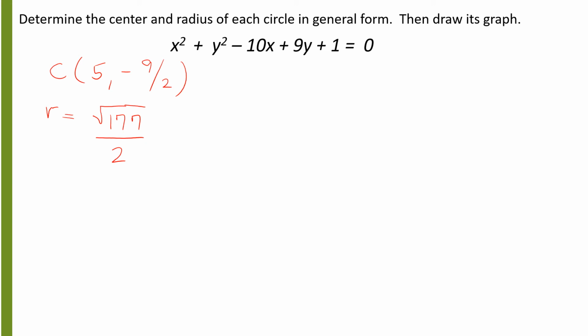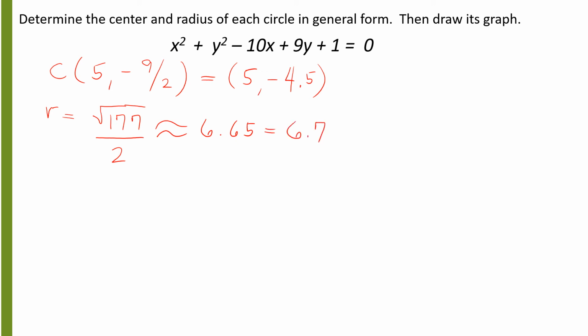When we say negative 9 over 2, negative 9 over 2 is the same as negative 4.5. Bakit? Divide 9 by 2. While square root of 177 over 2 is approximately 6.65. So, pwede natin gamitin ay 6.7.